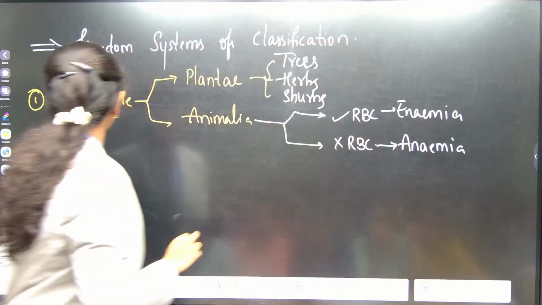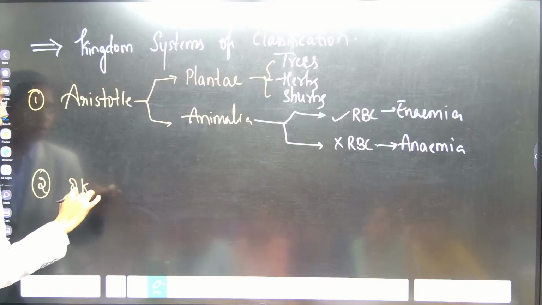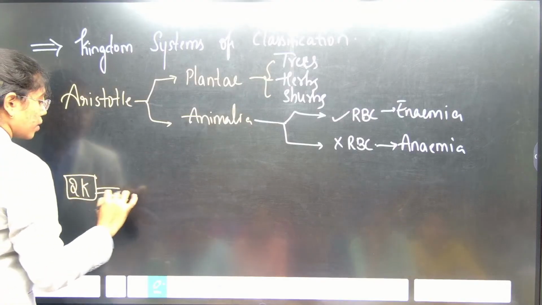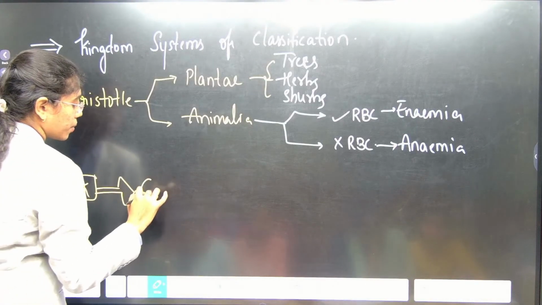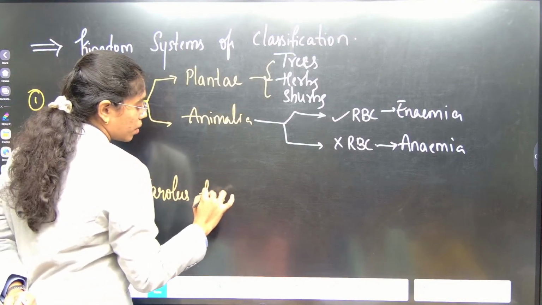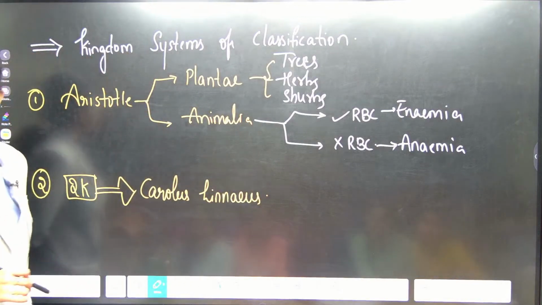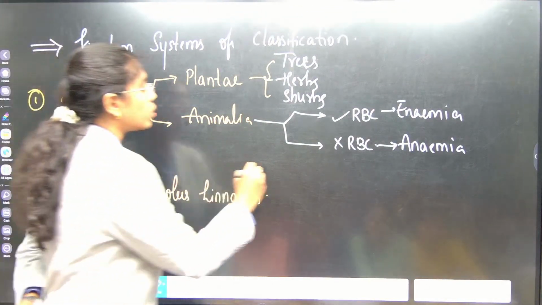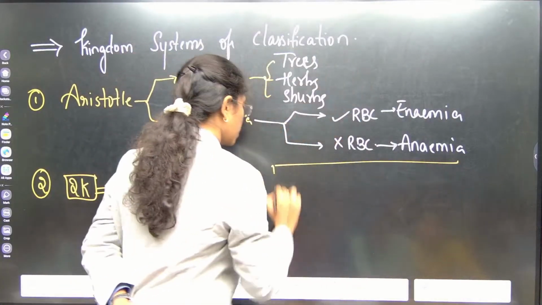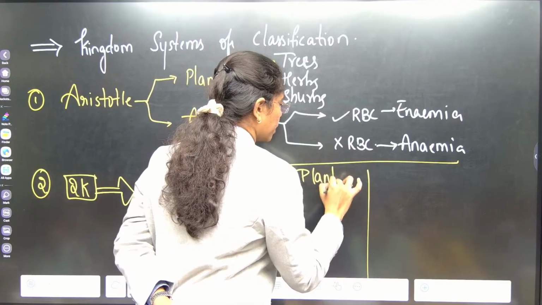Next, the two kingdom system of classification proposed by Linnaeus, very good. He has considered many criteria to classify into two kingdoms. And what are the two kingdoms he has proposed? Plantae and Animalia.